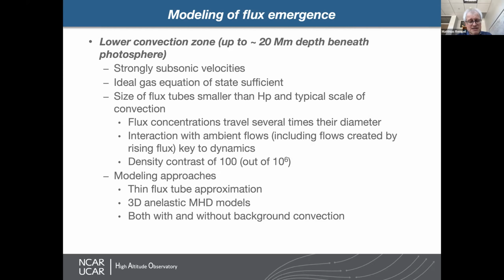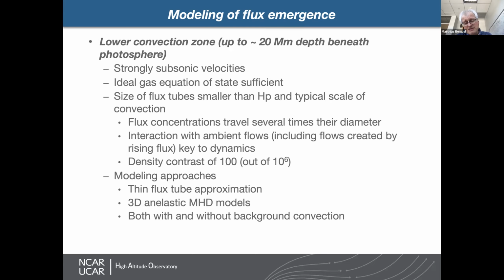You can just use an ideal gas equation of state. But the most important aspect is that the typical size of these flux concentrations, I sometimes call them flux tubes, but it doesn't have to be an idealized tube, just some concentration of flux, if you want to have something with an active region flux, is smaller than the pressure scale height and the typical scale of convection.